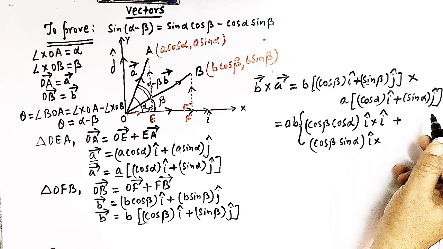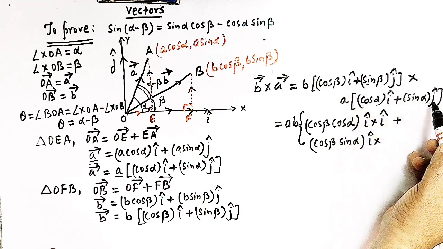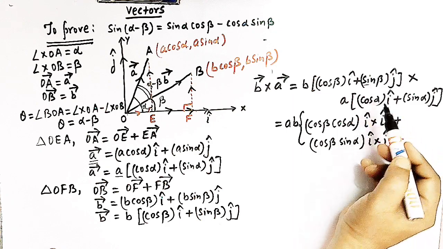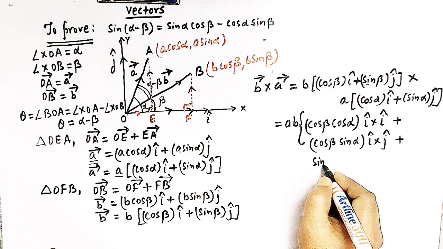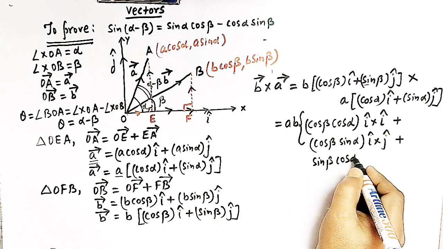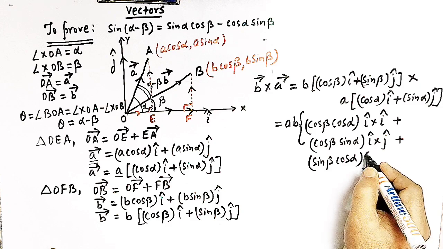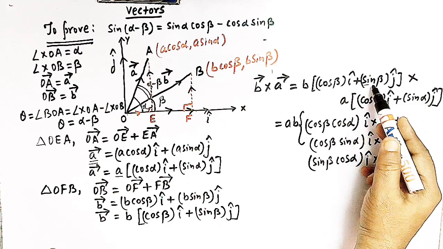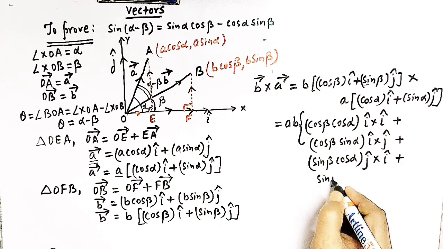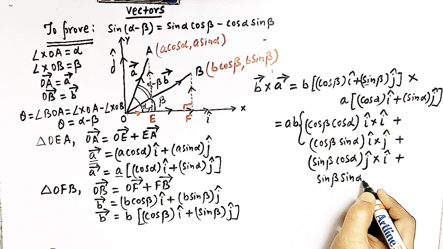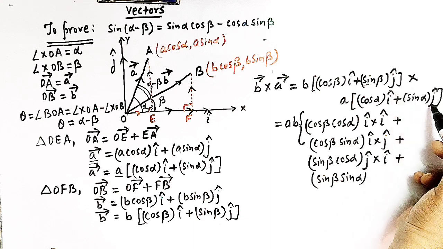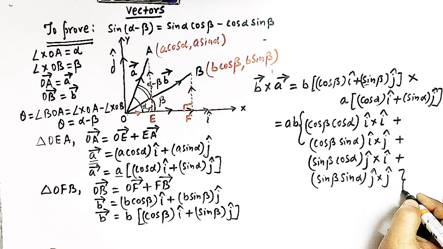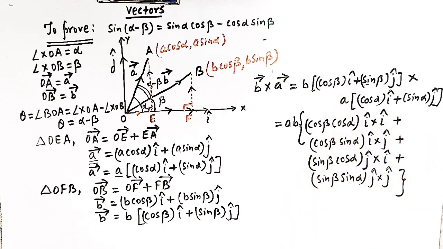That is the vector product of vector I with vector j. And then we have sine beta times cosine alpha, and we have j cross vector I, and then we have sine beta and sine alpha, and we have j cross j, right? So this is the vector product of these two vectors.